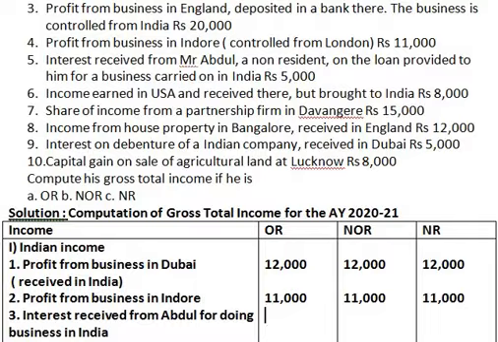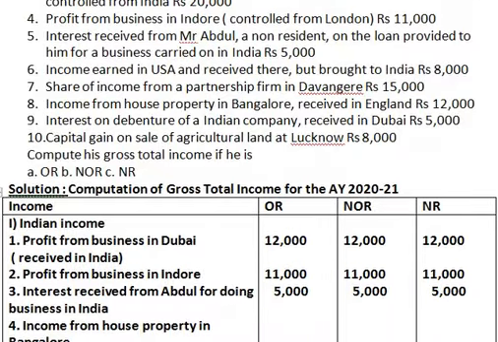So we are taking 5,000 rupees in all the three columns. Take down 5,000, 5,000, 5,000, which is taxable to ordinary resident, not ordinary resident and non-resident.